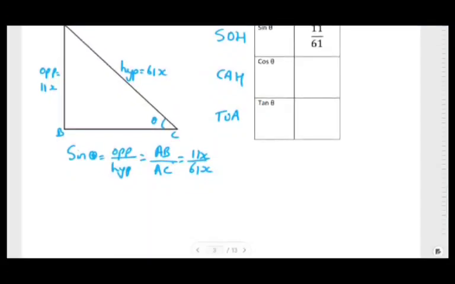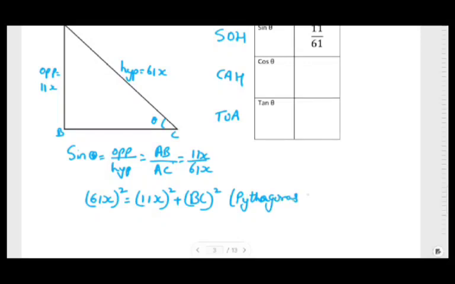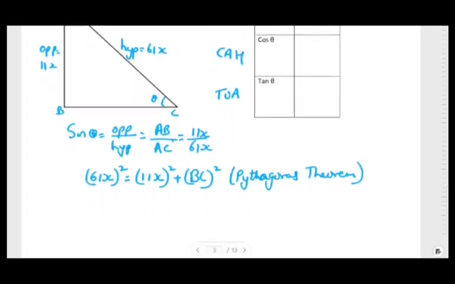Similar thing by Pythagoras theorem. So 61x the whole square is equal to AB, AB is 11x the whole square, plus BC the whole square. Why did I do this? Because I applied Pythagoras theorem, right?